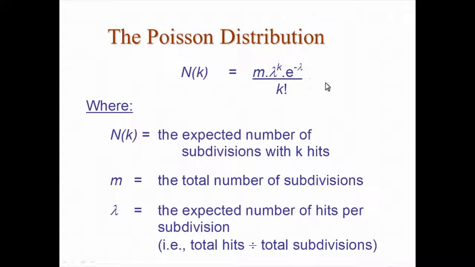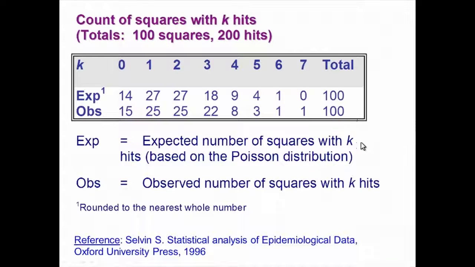Okay, so we carry out this calculation 7 or 8 times, each time varying k from 0 up to say 7, and then for each of those calculations we calculate the number of expected squares with a number of hits. So we can set it out in this way. First of all, here we have the expected, and this is based entirely on the Poisson distribution.